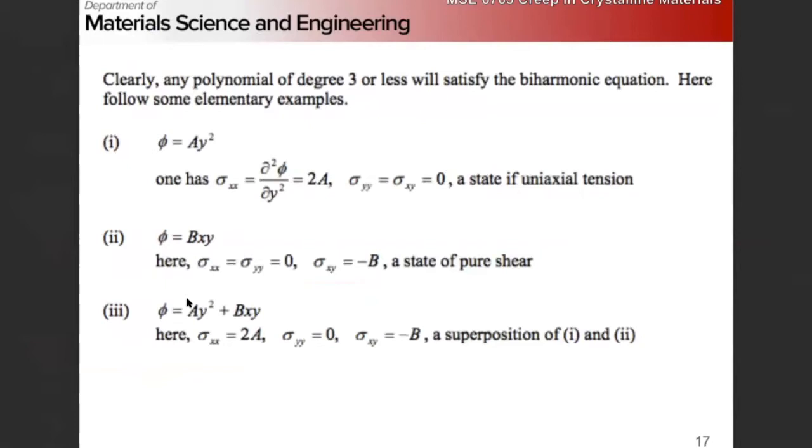So this Airy stress function corresponds to a state of uniaxial tension. A function of xy is a state of pure shear, so these are sort of trivial. But any polynomial of degree 3 or less is guaranteed to give you an admissible stress field under some set of boundary conditions.